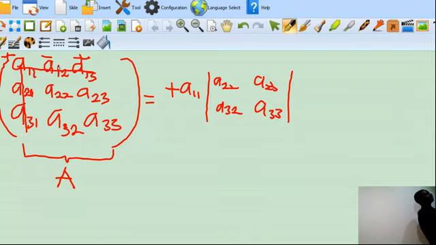From that element A12, you cross out the line down and across to obtain your determinant for that.